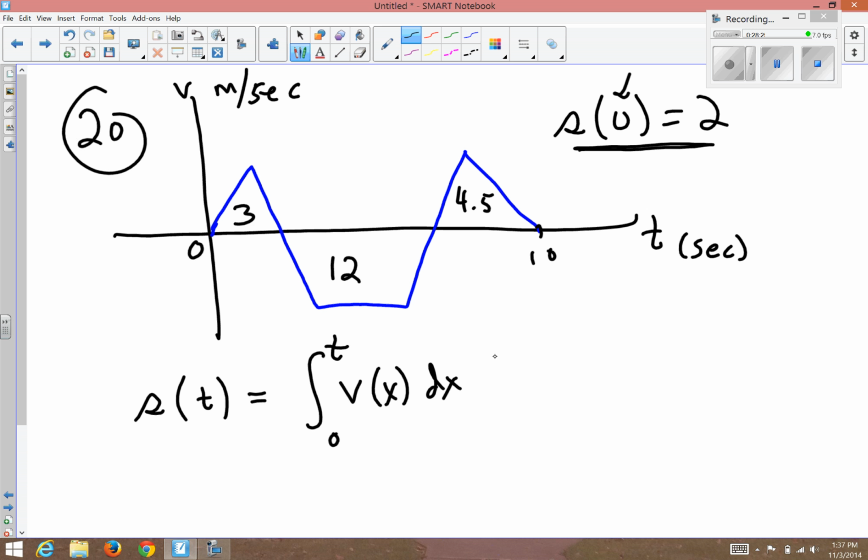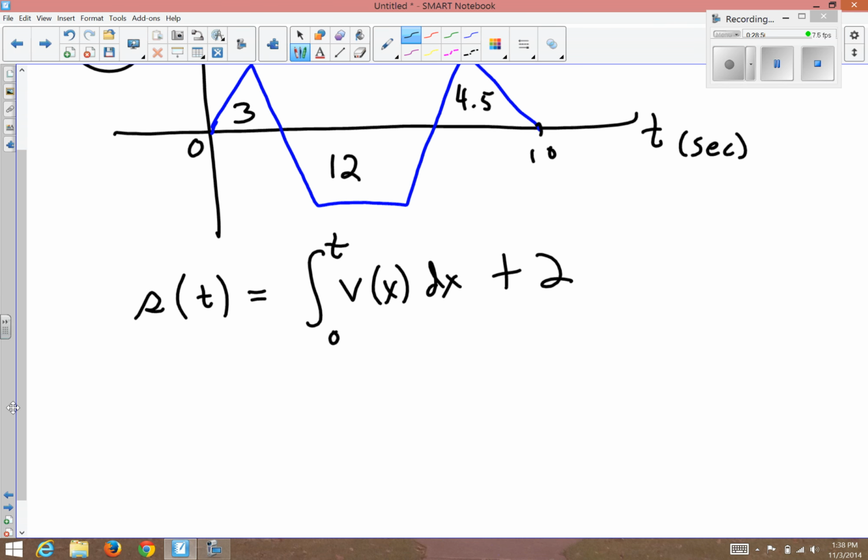And we're going to throw a plus 2 on here to make this satisfied. S of 0 has to be 2. And the derivative of s, position, has to equal velocity. The derivative of s of t should equal v of t. That's actually the definition of velocity. It's the derivative of s of t. So that's just like what we did in the last two problems.